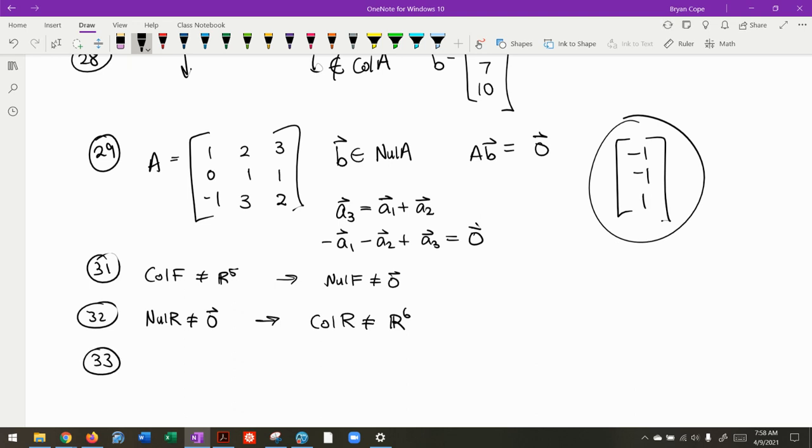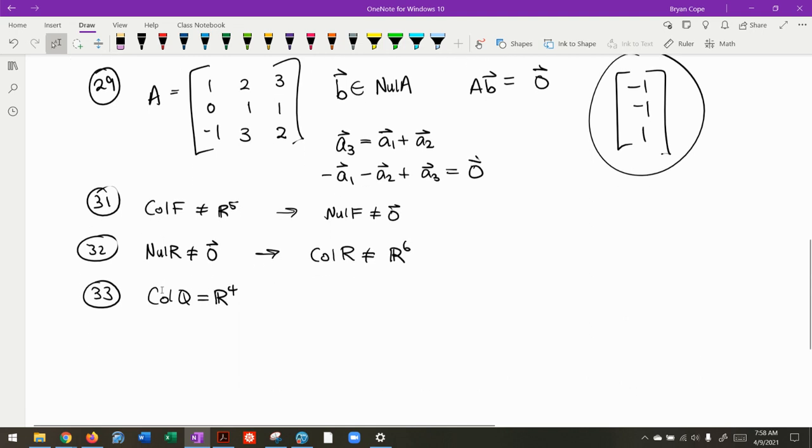33. If Q is a 4 by 4 and col Q equals R4, what can you say about the solutions of the equation of the form Qx equals B for B in R4? Okay, cool. So this is linking a lot of ideas together. If col Q is R4, this means that the columns of Q span R4.